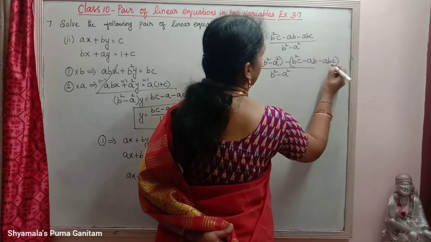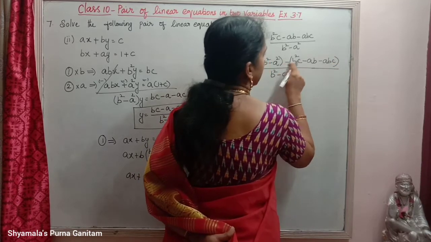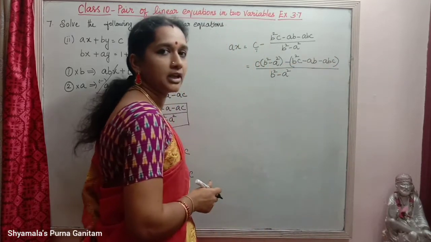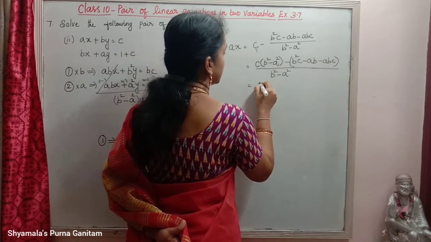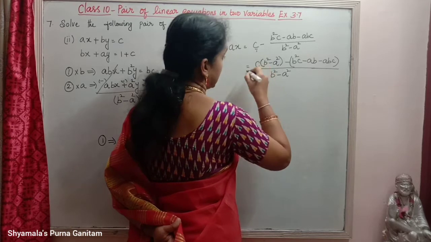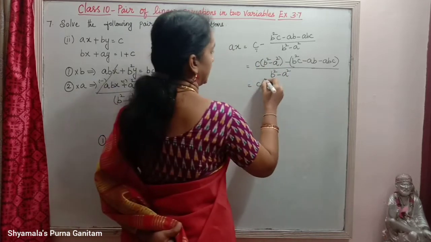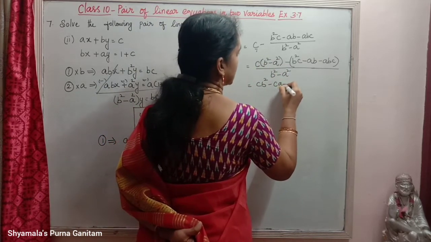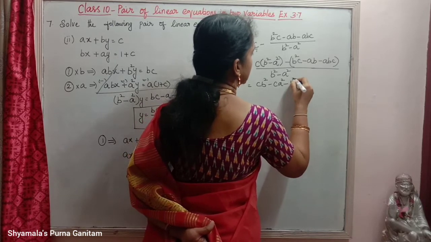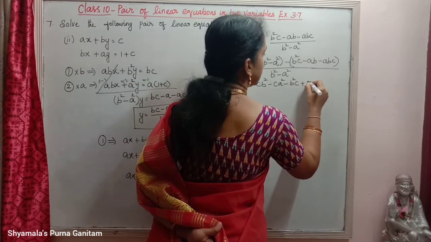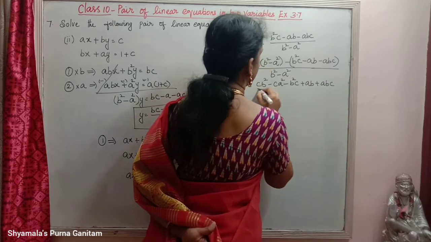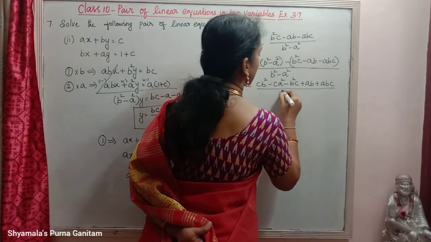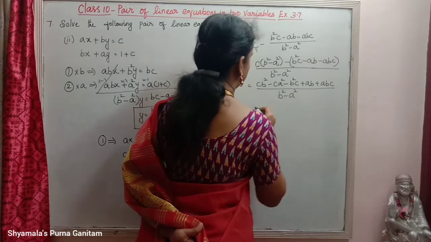The meaning for that bracket is that negative sign is common to all the three terms thereafter, after the bracket. So this one's cross multiply, this one multiply: cb squared minus ca squared minus b squared c plus ab plus abc divided by b squared minus a squared.